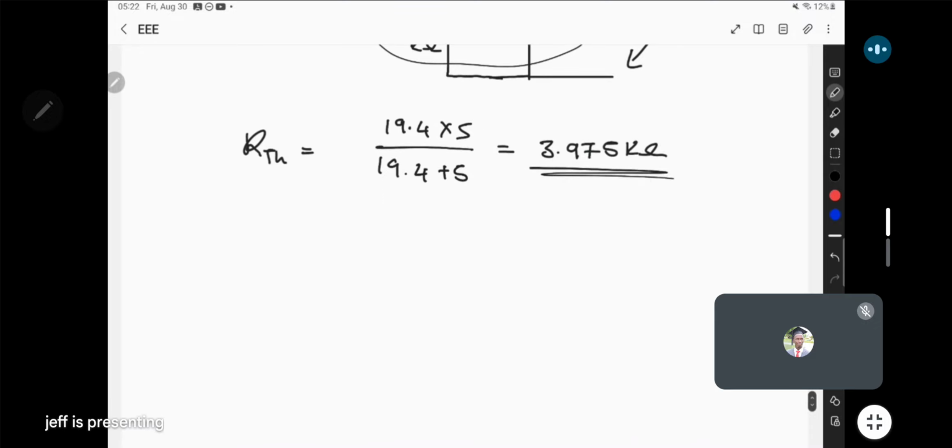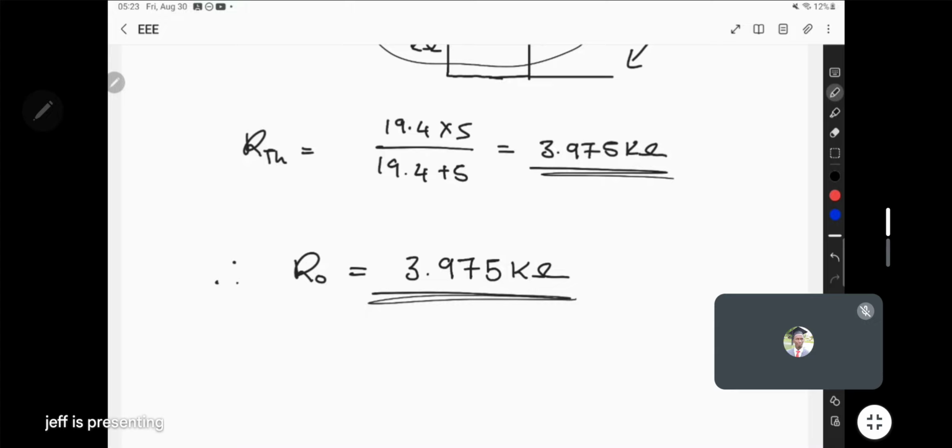And remember, for maximum power transfer, R naught, the variable resistor, must be equal to the Thevenin's equivalent resistance, which is 3.975 kilo ohms. So this is what R naught must be for us to have maximum power transfer.